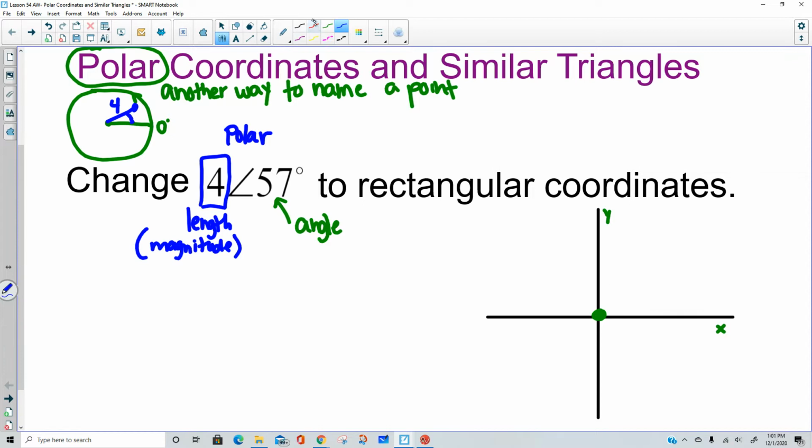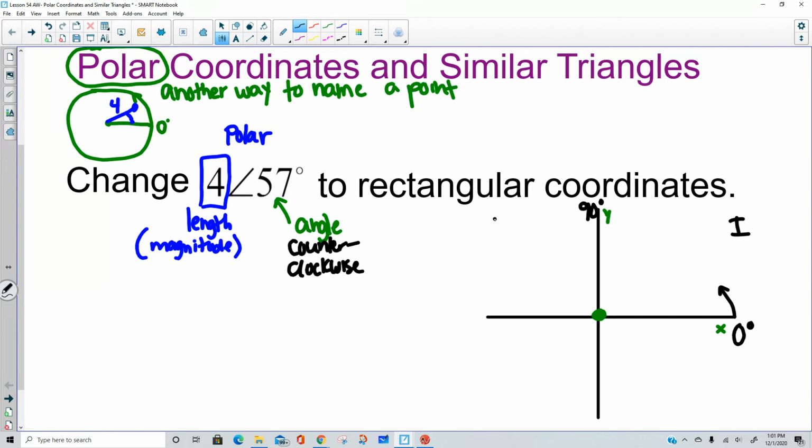When we understand that we're traveling, but put this in your notes too. We always start in mathematics at 0 degrees as the positive x-axis, and then we're going to go counterclockwise always. And so if we're in quadrant 1, that's all the angles between 0 and 90 degrees.